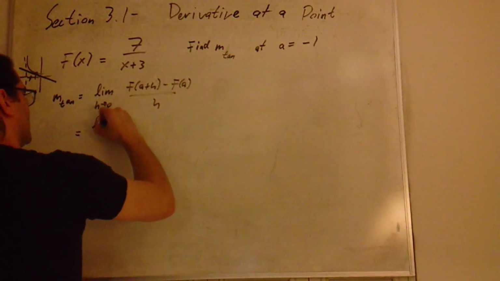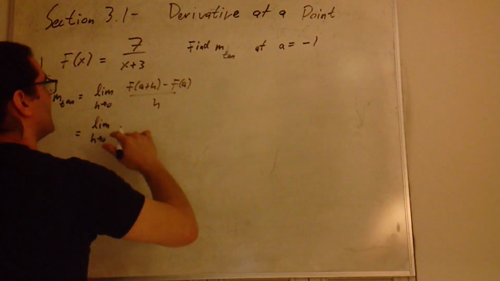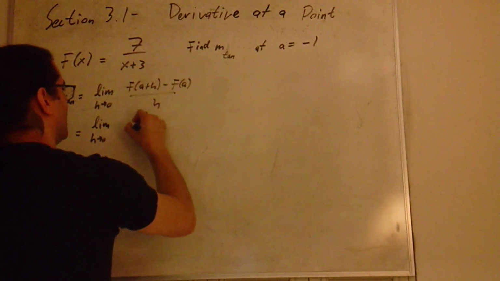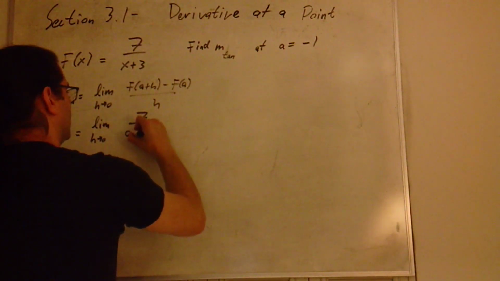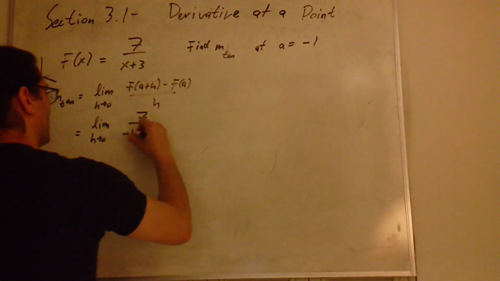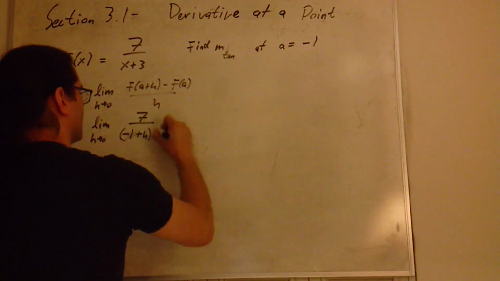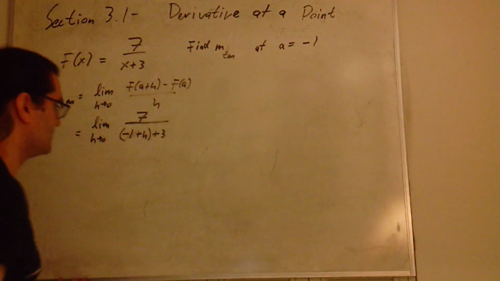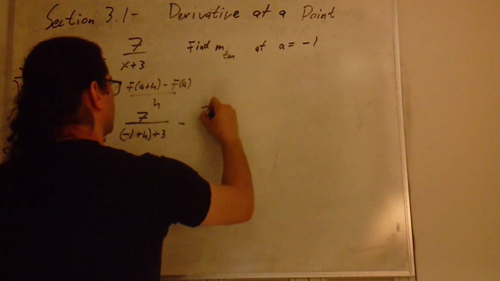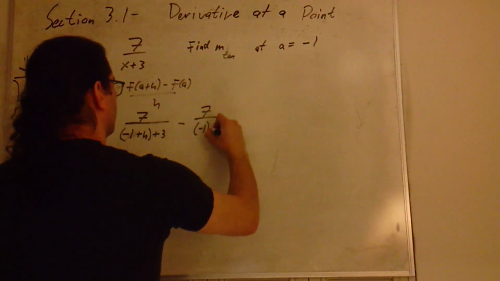I should get the limit as h goes to 0 of f of a plus h, when a is negative 1, should be 7 over, let's do negative 1 plus h plus 3. This is the denominator. Minus 7 over negative 1 plus 3.